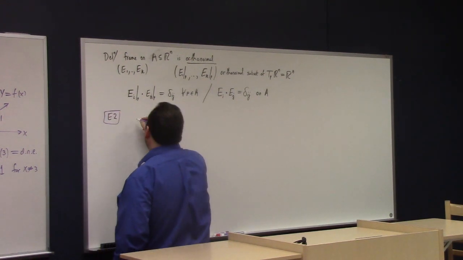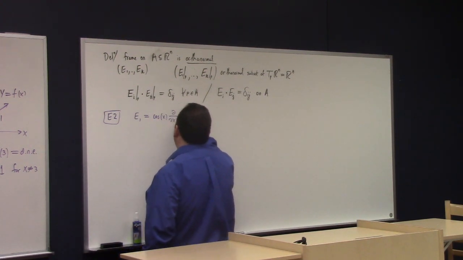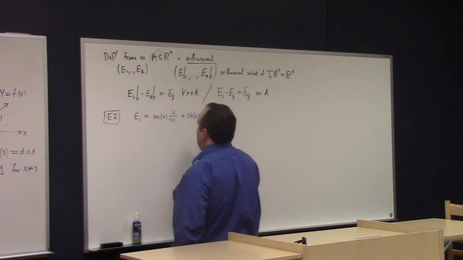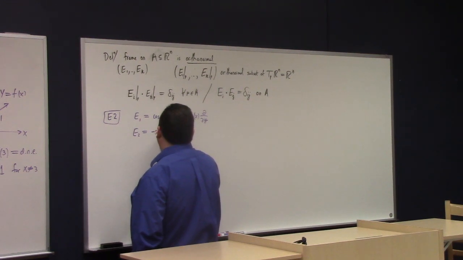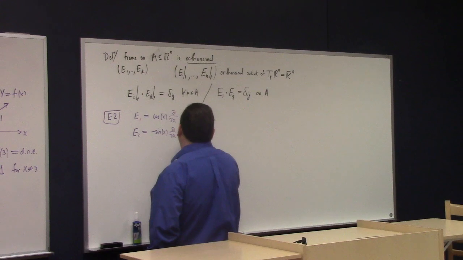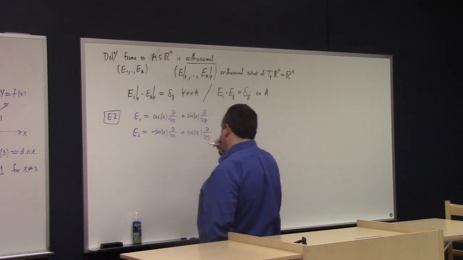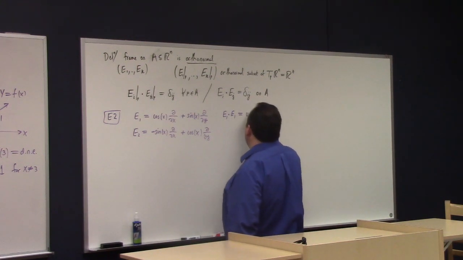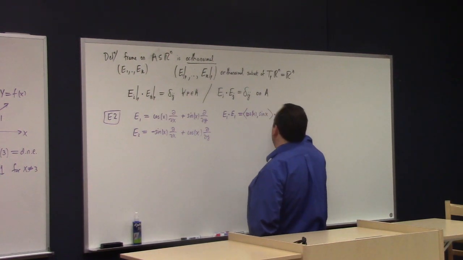So if I had, let's say, E1 equal to cosine of x partial x plus sine of x partial y, and I had E2 equal to minus sine of x partial x plus cosine of x partial y, then I would understand E1 dot E1 to mean cosine of x, comma sine of x, dot product with itself.